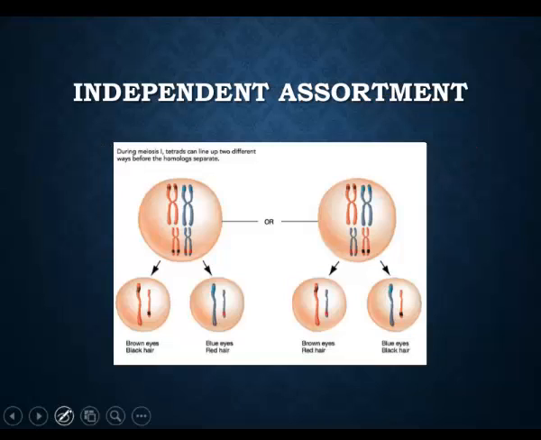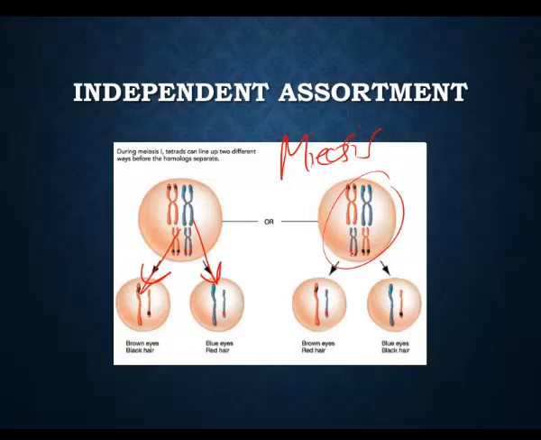So if we look at independent assortment, you've got to really look back to meiosis. Back to meiosis and see, remember crossing over in prophase 1, that's what's going to mix up these genes and allow them to independently assort into the sex cell. Notice, here's our 4 copies here, we get 2 because of that reduction division.